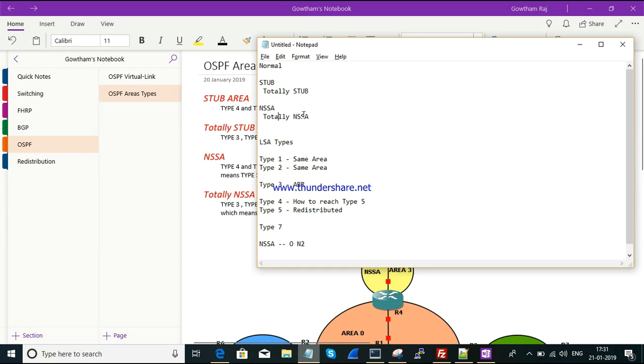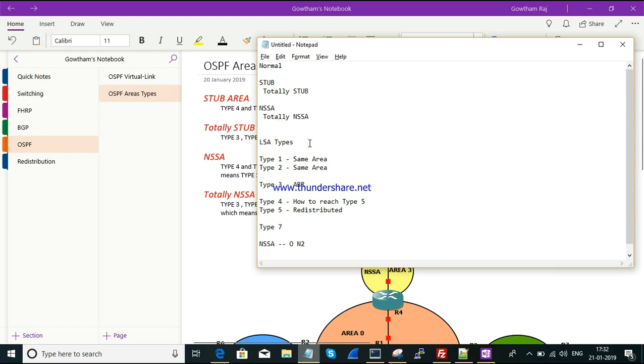Before going into stub and totally stub, we need to have a glance at LSA types, because based on the LSA types we can speak about stub and not so stubby and their behaviors. So let's have a general introduction to LSA types.